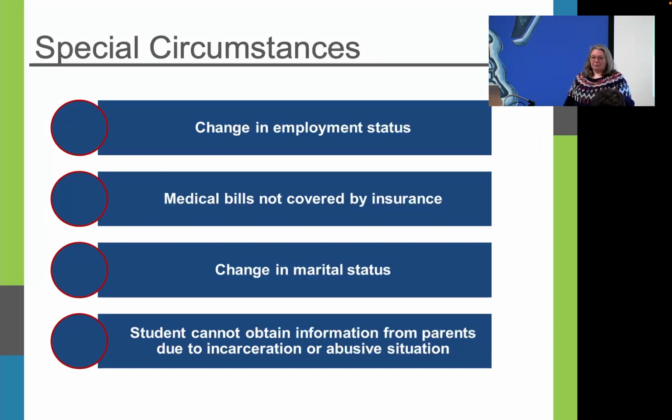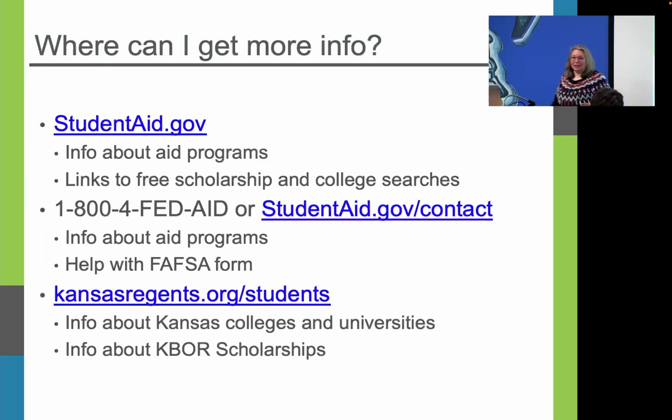Also, if the parent has child support coming in and that has ended because you've turned 18 or the age that they stopped doing the child support, that's something we can also exclude. That's just some of the reasons why you can do a special circumstance. Each school has different policies regarding special circumstance, so if you think that you might qualify, just contact the school's office and they'll tell you where to get started.